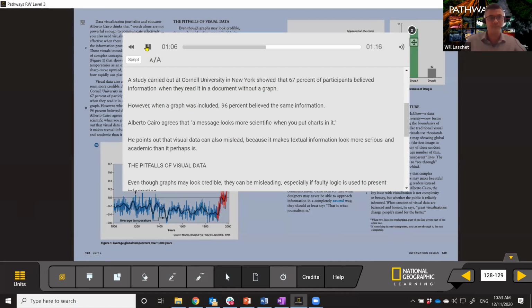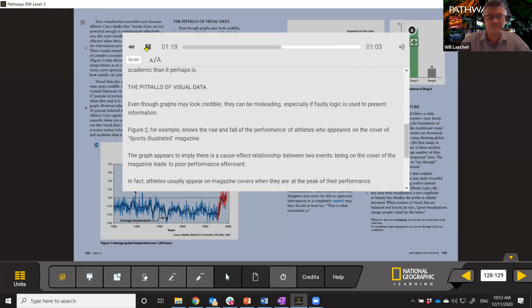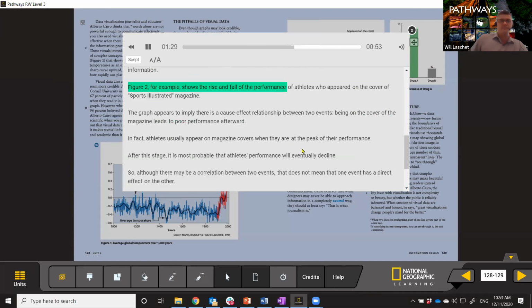Let's continue. He points out that visual data can also mislead because it makes textual information look more serious and academic than it perhaps is. The pitfalls of visual data. Even though graphs may look credible, they can be misleading, especially if faulty logic is used to present information. Figure 2, for example, shows the rise and fall of the performance of athletes who appeared on the cover of Sports Illustrated magazine.